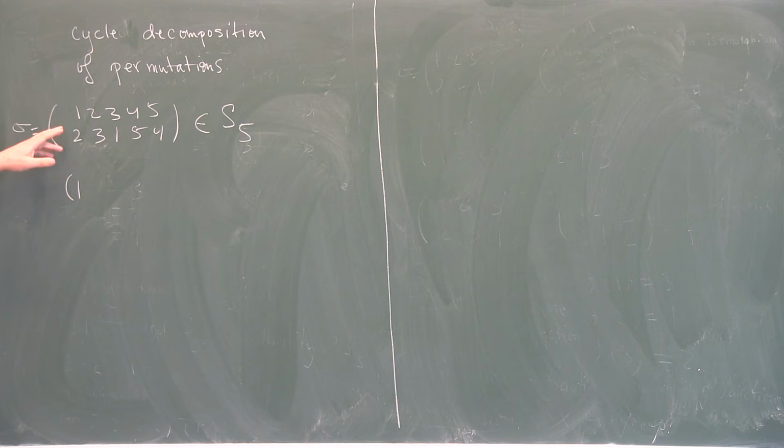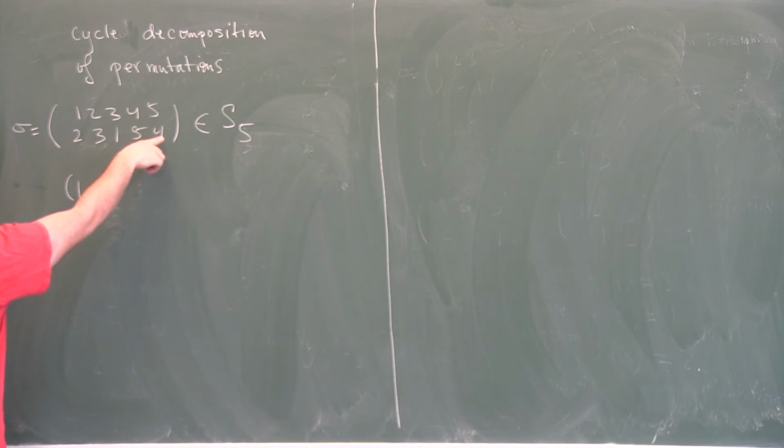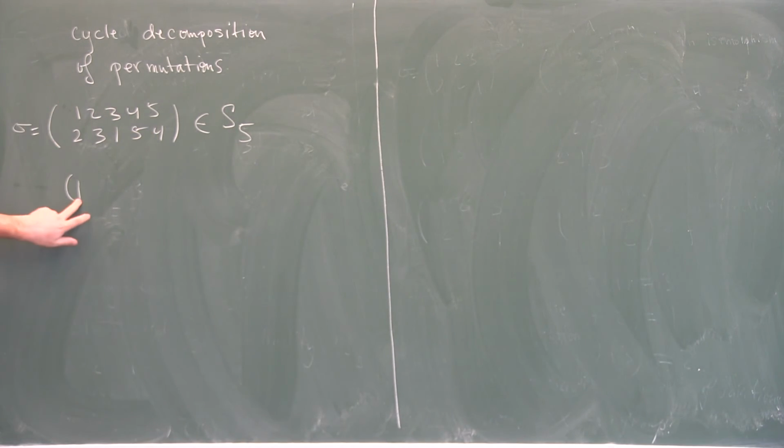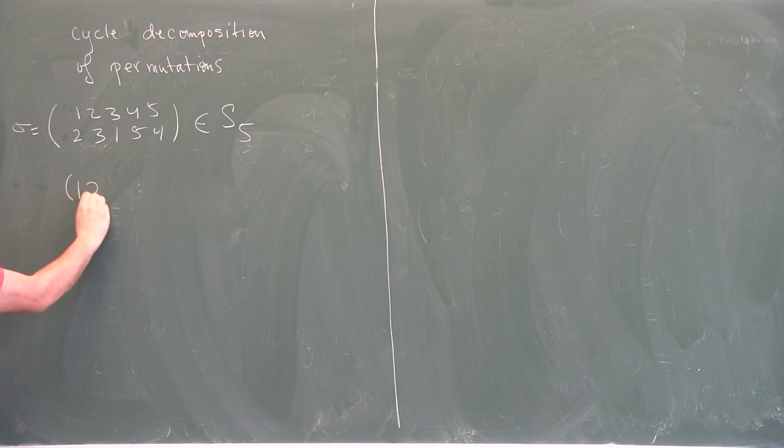If it maps to itself, then it will not appear down here. We'll do an example of that later. Here, we check there is no number that maps to itself. So I take 1, I put it here. Next, I'm going to put another number. What am I going to put? Look where 1 maps to. 1 maps to 2, so I put 2 after 1.